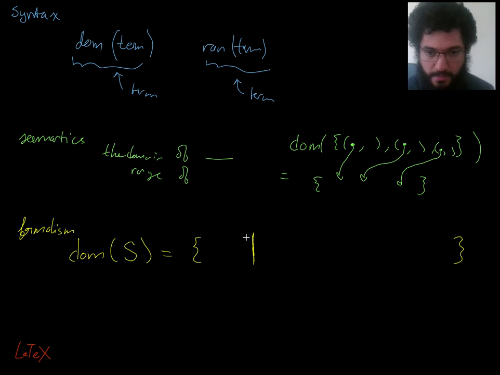With the curly braces and the bar, where I tell you exactly what the elements are by telling you a condition for membership. So here I have to put a proposition such that exactly when that proposition is true is when x is in what I would like the domain of S to be. So what proposition should go there?